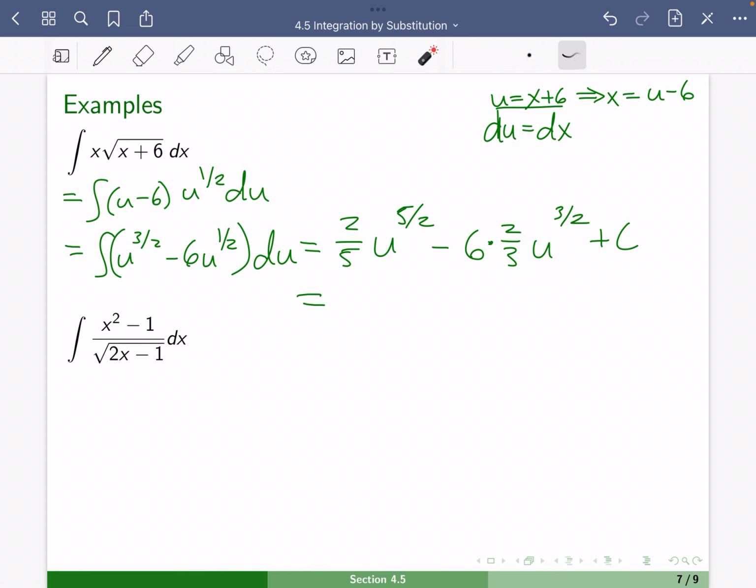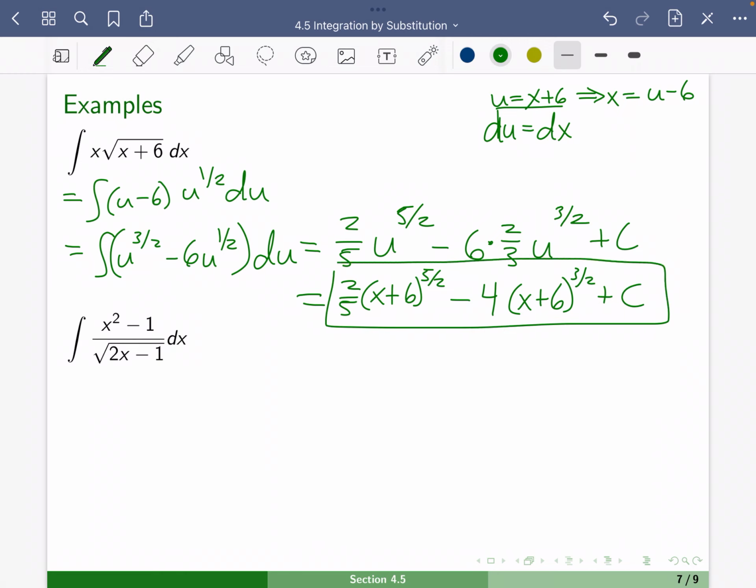The original variable was x. u is equal to x plus 6. So this is 2/5 (x plus 6) to the 5/2 minus 4 (x plus 6) to the 3/2 plus c. So we did the u substitution. The u substitution allowed us to get to somewhere where we could solve this, but it did require a little bit more work.